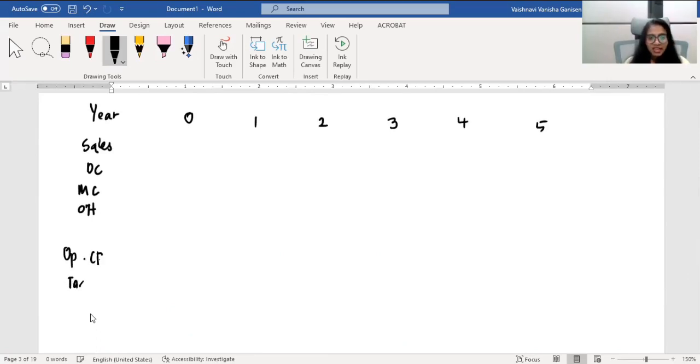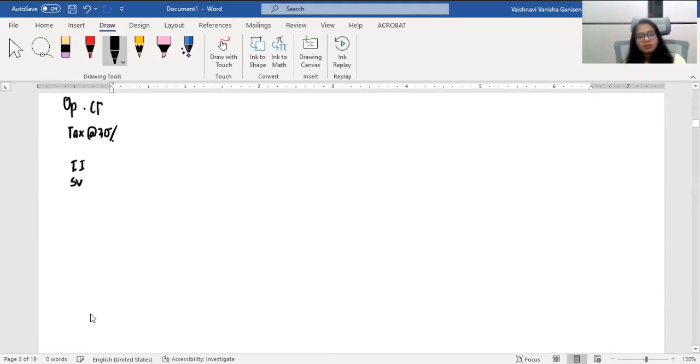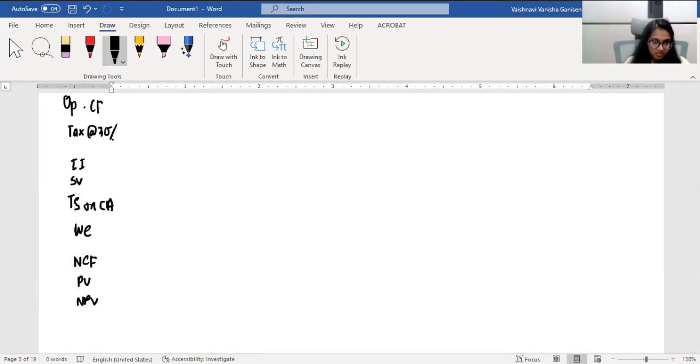And then I have tax at 30%. Initial investment, scrap value, tax saving on capital allowance and working capital. Then you get net cash flow, discount factor, PV and PV.